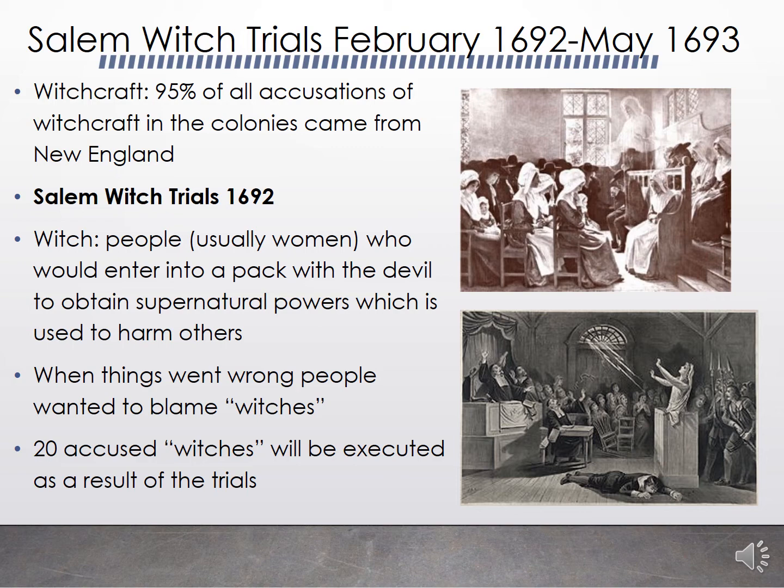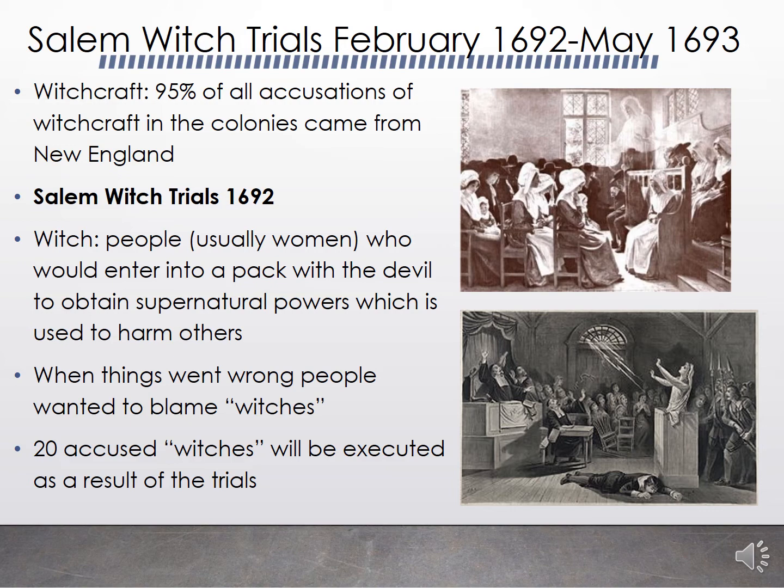But of these 100 plus people that are accused, 20 refuse to admit that they are indeed possessed. And so those 20 people will be killed. When the end comes, 14 women and 6 men are killed because they are considered witches.